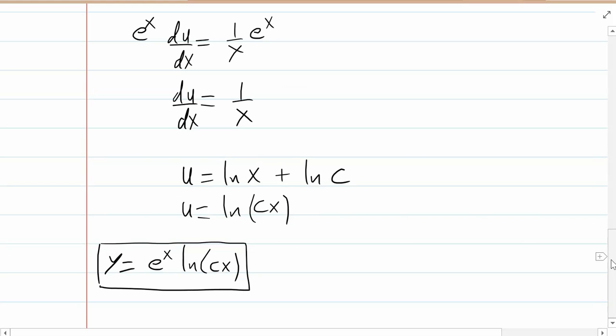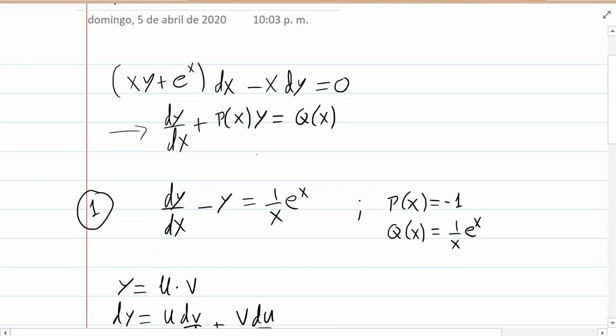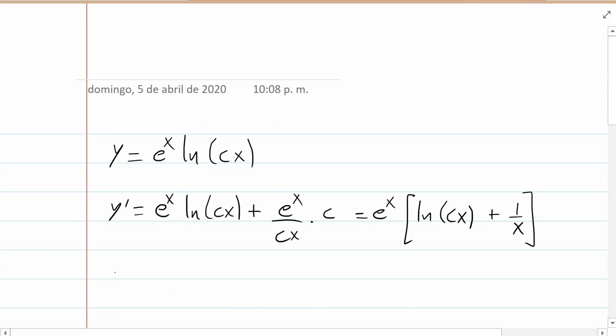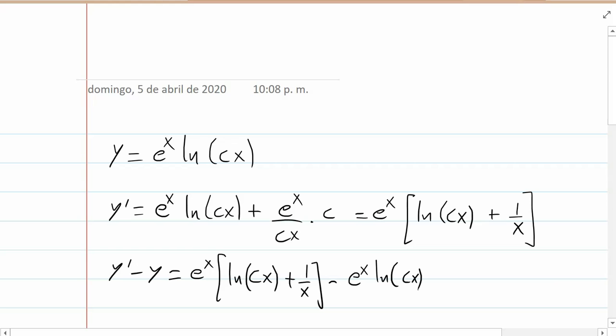We go back to the original differential equation, equation 1. So dy/dx - y, that means y' - y, is equal to e^x (ln(cx) + 1/x) - e^x ln(cx).